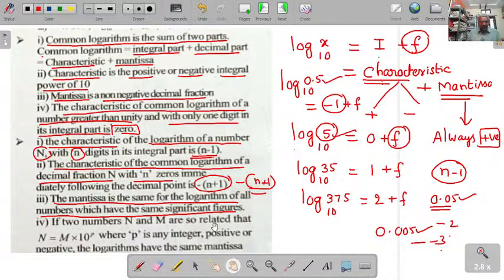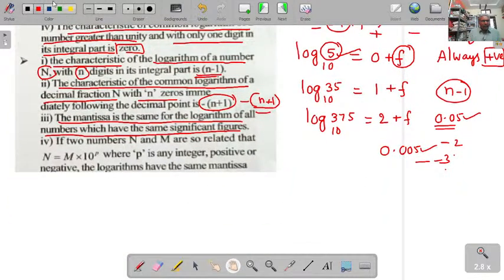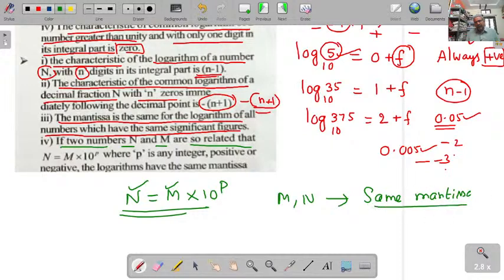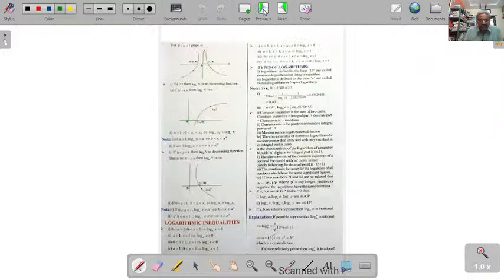So you can write like this: if two numbers n and m are so related that n is equal to m multiplied by 10 to the power of p, then because n and m have the same significant figures, they will have the same mantissa. This mantissa will be obtained from the logarithmic tables. If you want, you can refer to the logarithmic tables also.